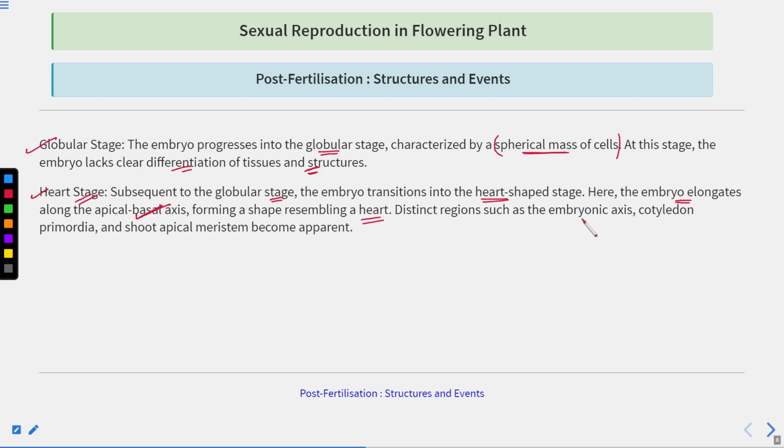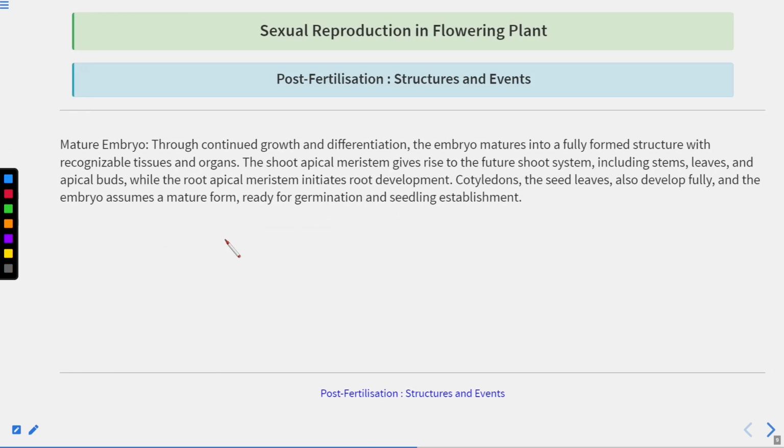Distinct regions such as the embryonic axis, cotyledon primordia, and the shoot apical meristem become apparent. So you can distinguish between these different structures.